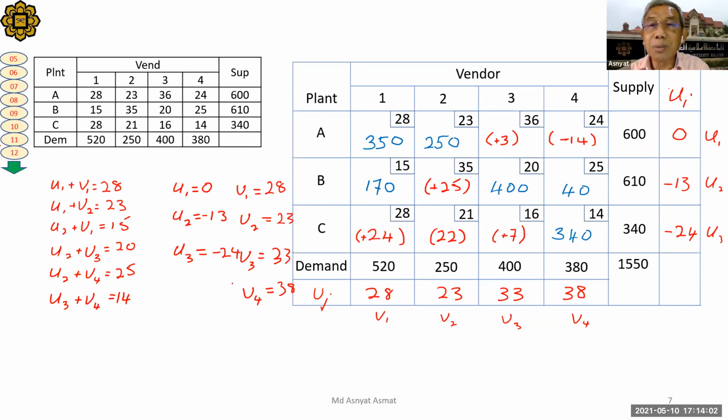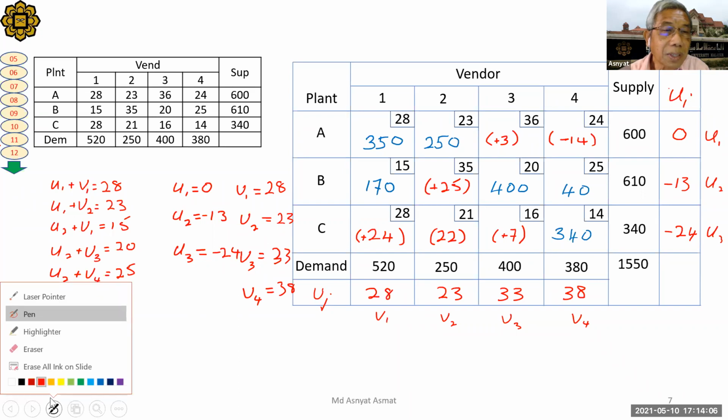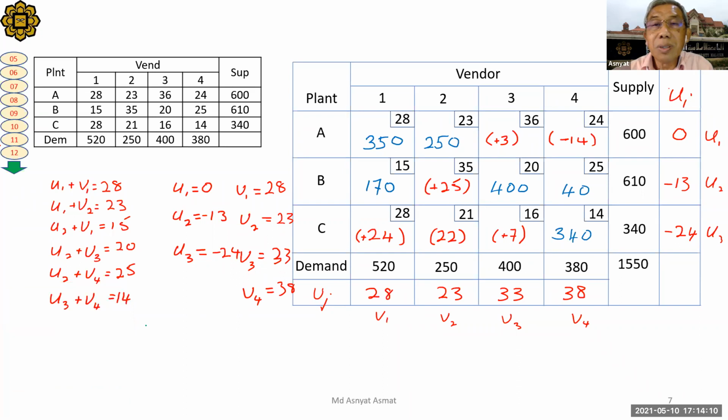Okay, now what do we do next? We look at the most negative improvement index. At this point, is it optimal or not?